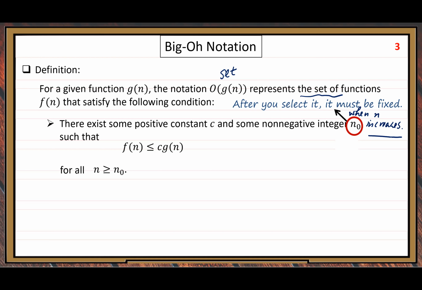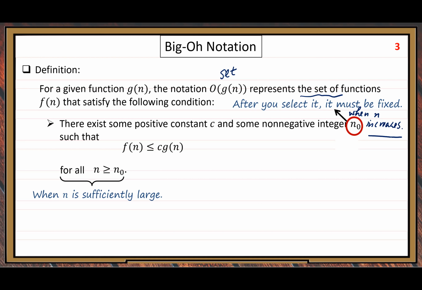Usually people use another way to represent this n greater or equal to some special constant value n0. People say it this way: where n is sufficiently large. This is another description for this n0-related condition.